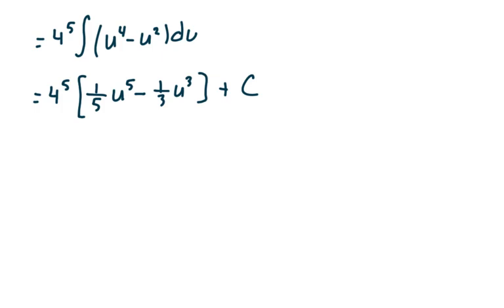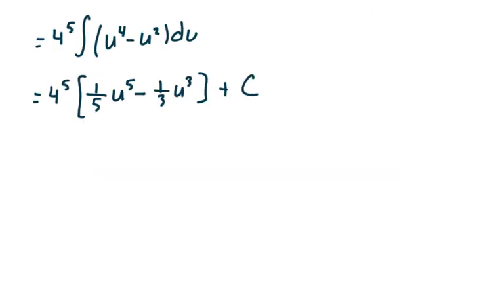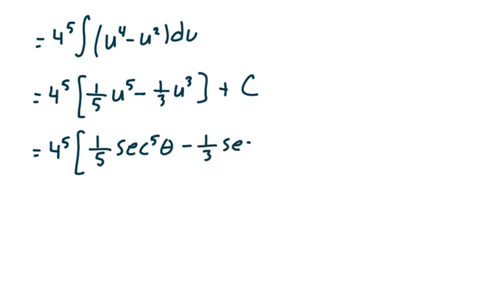Okay, but what was u? u is secant theta. And even then, we're not done. So this is 4 to the 5th times 1/5 secant to the 5th theta minus 1/3 secant cubed theta plus c.